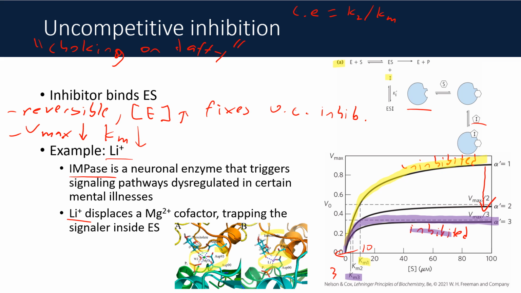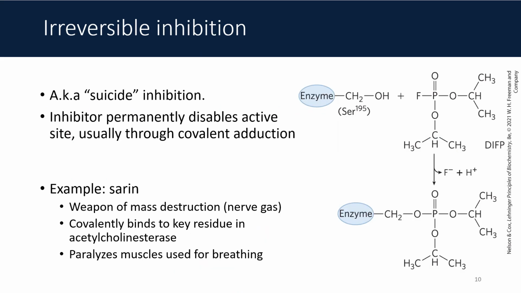substrate simultaneously. The last kind of inhibition is irreversible inhibition. It's also known as suicide inhibition or mechanism-based inhibition.